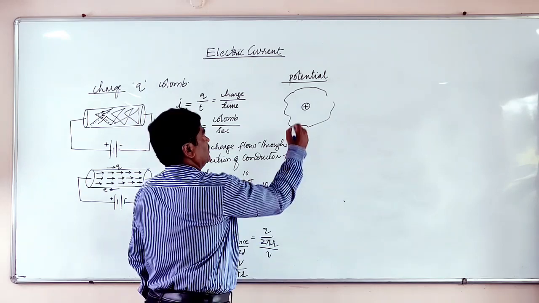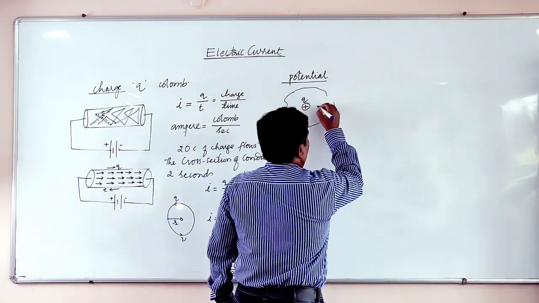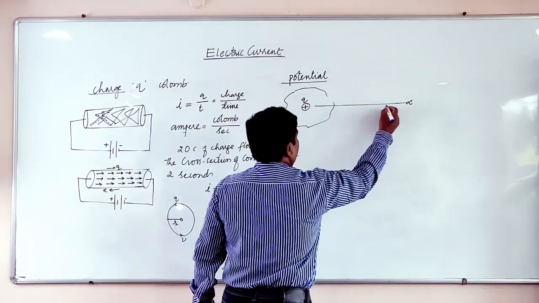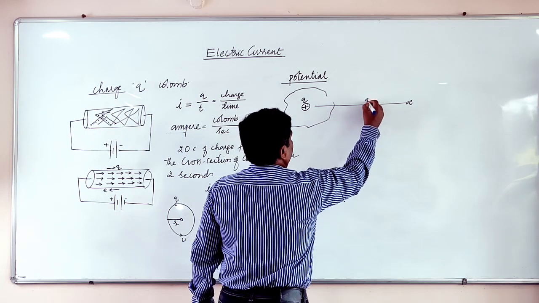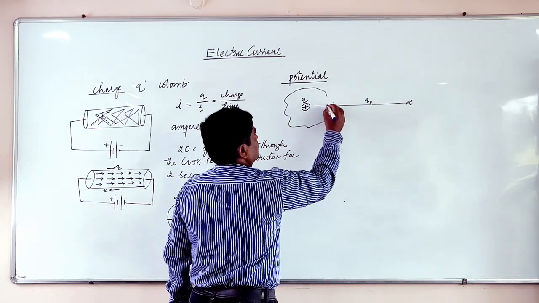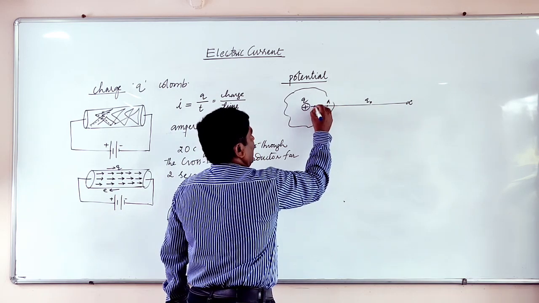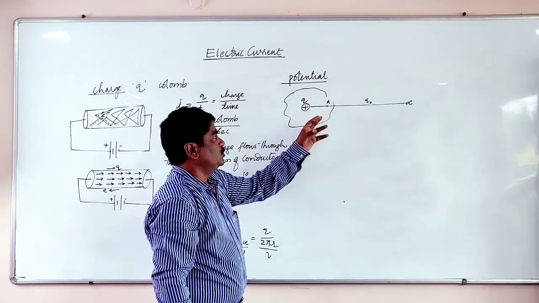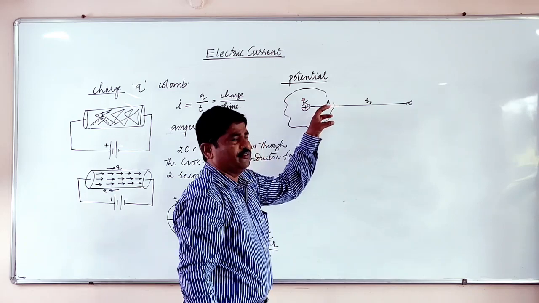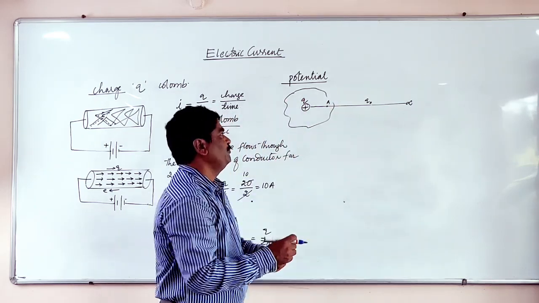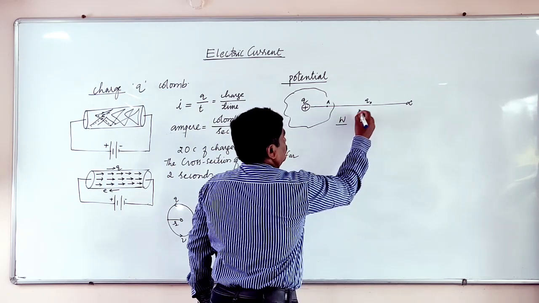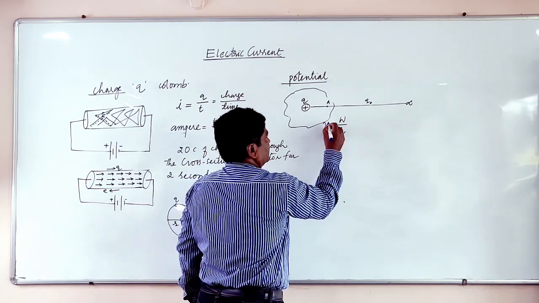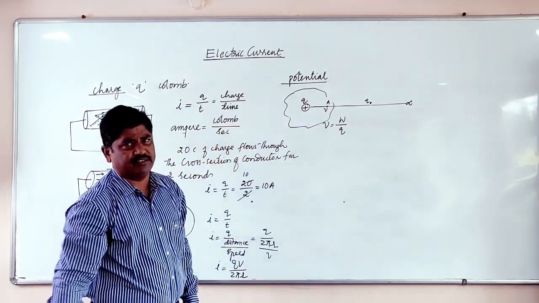From infinity, if you bring a unit positive charge, Q naught, to a point A in the electric field against the force of repulsion, because it is also a positive charge, we should do some work. The work done to move the charge into the electric field is known as the potential at that particular point.